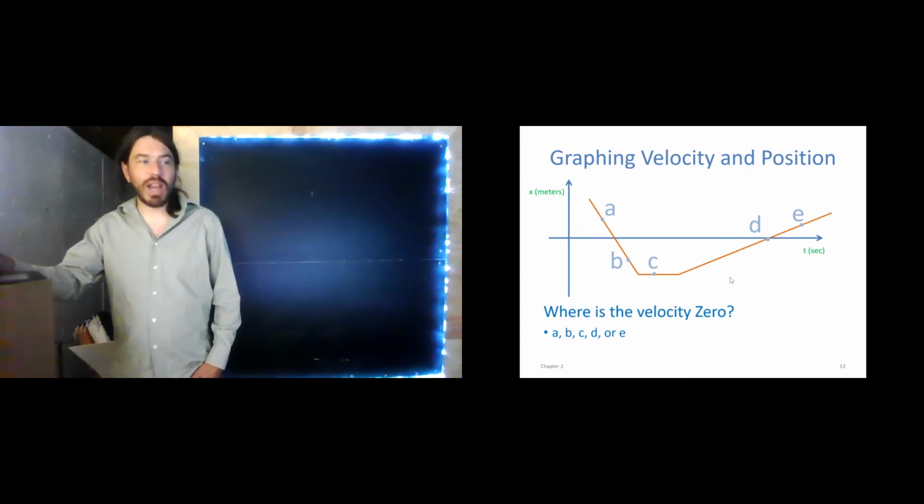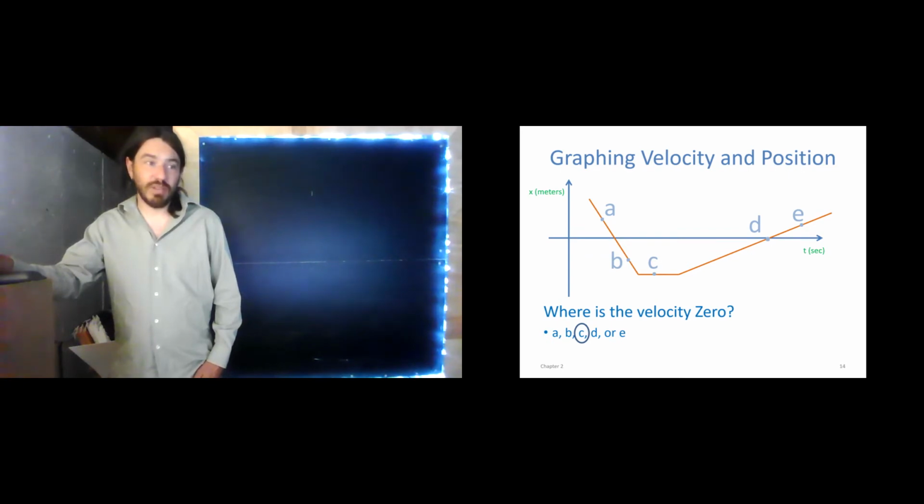Where is the velocity 0? Hopefully you chose C. C is where the velocity is 0 because the slope is 0. Again, a common answer here is D, but that's not correct.